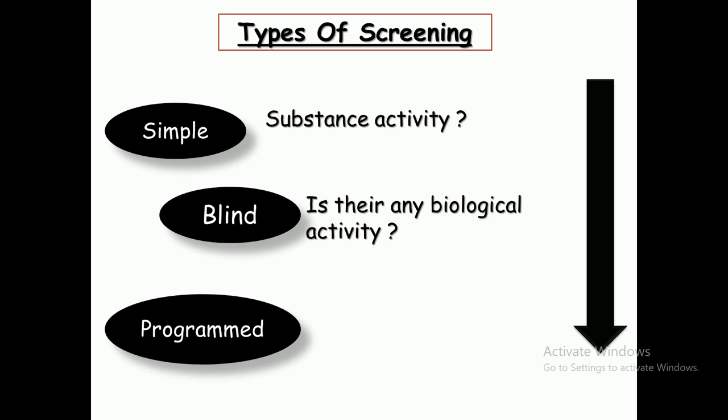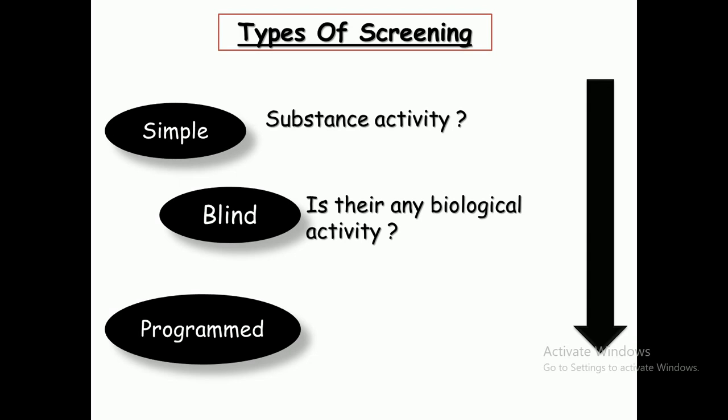Here the new chemical entity or isolated natural product is screened. It demonstrates whether the new group of substances is worthy of further attention. If that particular drug does not have any biological activity, any drug receptor interaction, any protein interaction in our body, then it is not useful for anything.